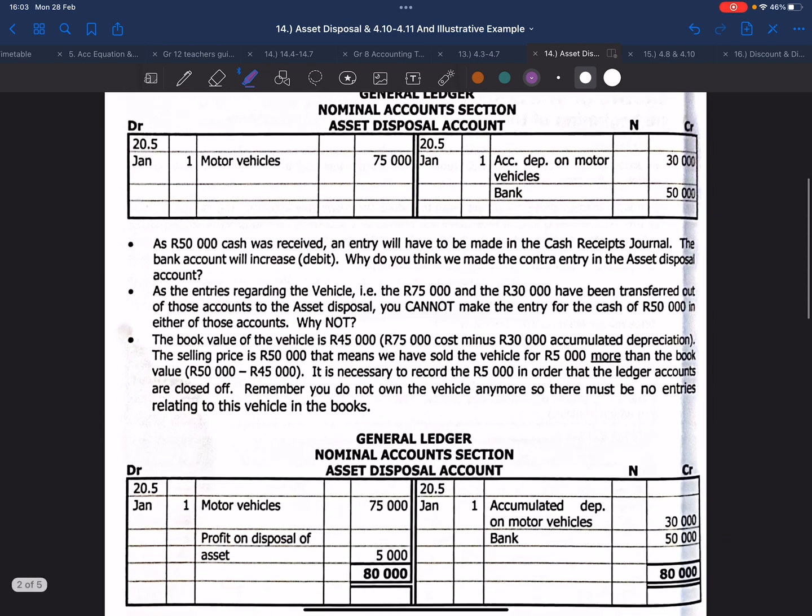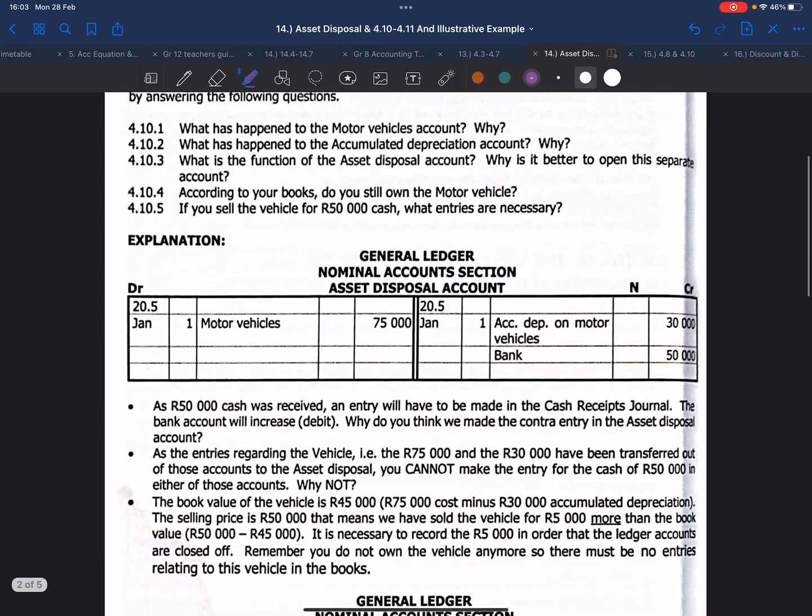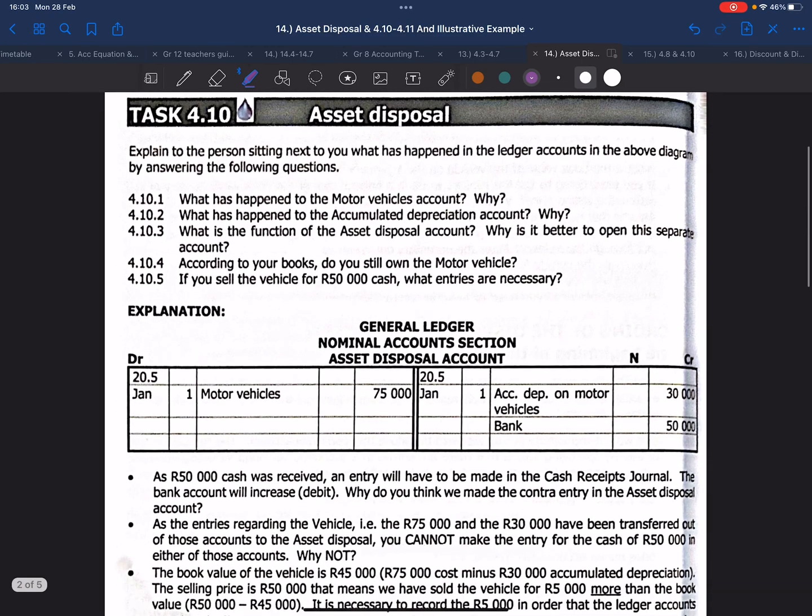So all they've given us is the asset disposal account, and they want to know what has now happened to our motor vehicles. So we have an entry on the debit side of our asset disposal account of motor vehicles. And in order for that to happen, that we debit our asset disposal account, we would have had to have credited our motor vehicles account with 75,000.